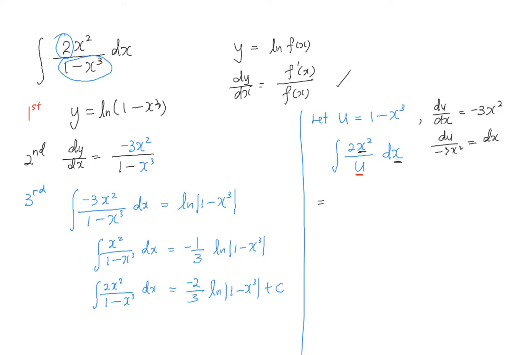Okay, so now if you look here, am I right? Okay, so then what next? So I got negative 2 over 3, integrate 1 over u du. Now can I find the integral of this one? Yes.